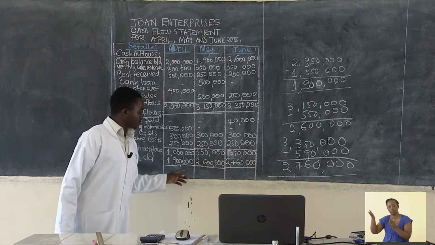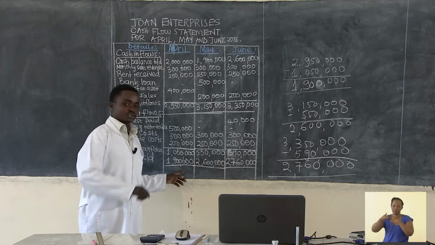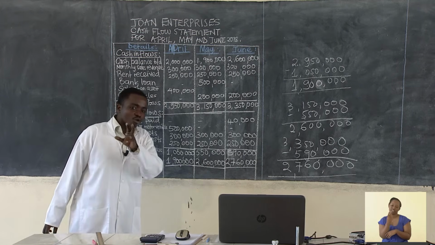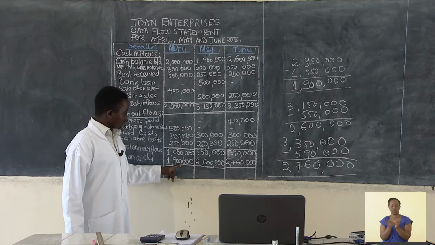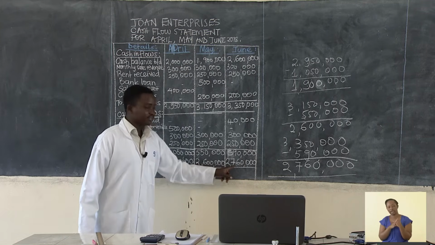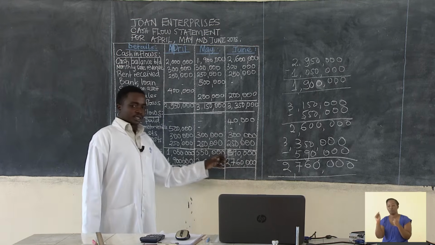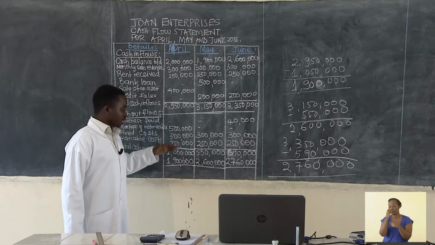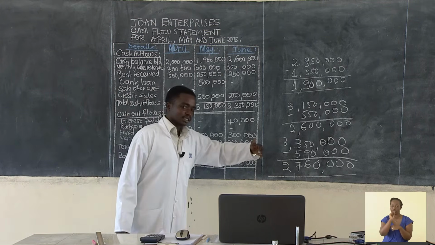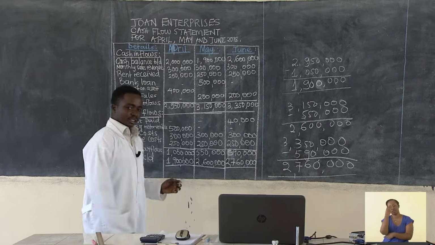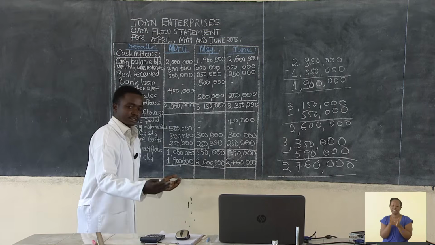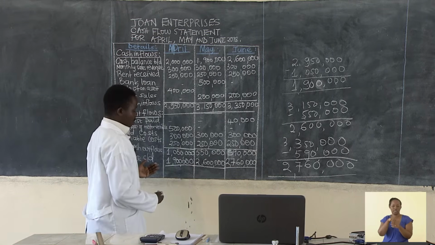So over the 3 months, there is an increase in the net cash position of the business. That should be your comment on the net cash position, because we have 1.9, 2.6, 2.76. So the surplus of the business keeps on increasing during the 3 months. So there is a general increase in the net cash position of the business.